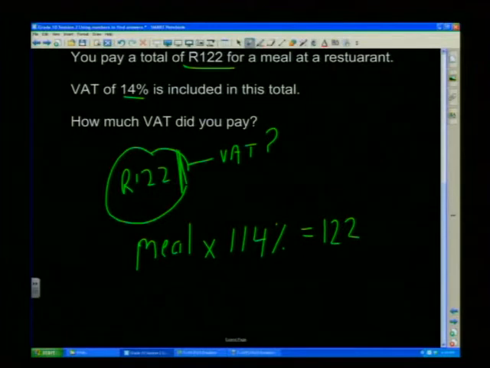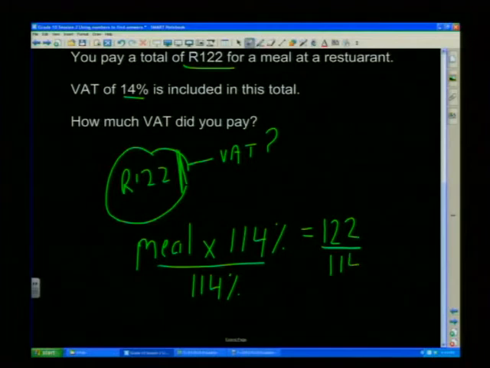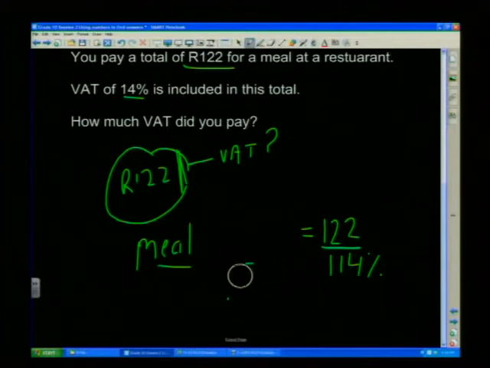So what is the meal without the VAT? I'm now going to get the meal on its own. The way I'm going to do that is I'm going to divide by 114% on this side, divide by 114% on that side. Why am I dividing? Because these cancel, and then they kind of disappear. So then I end up with my meal equals 122 divided by 114.